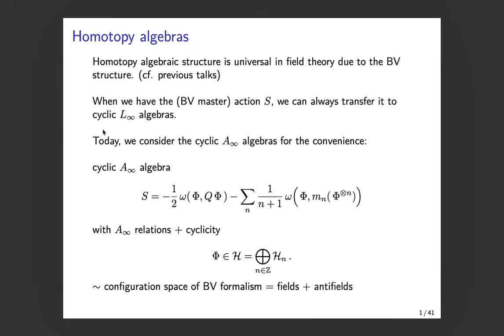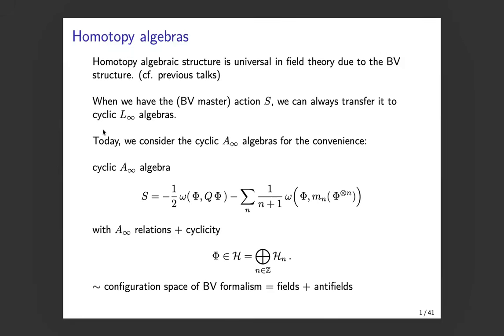This phi corresponds to, roughly speaking, the quantum field, and phi is an element of the vector space H, which can be decomposed into Hn, indexed by the integers, where n is associated with ghost number and anti-ghost number and something like that.